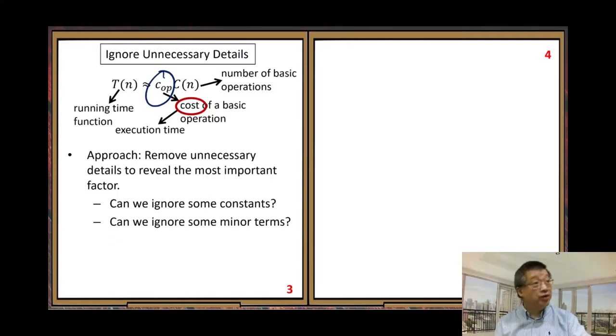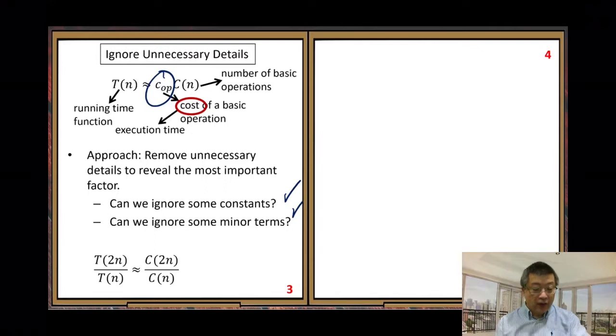Later we will see the meaning of minor terms through some examples. Here, the unnecessary details are these two types of details. For the first type, let's look at the insight, why we can ignore some constant.